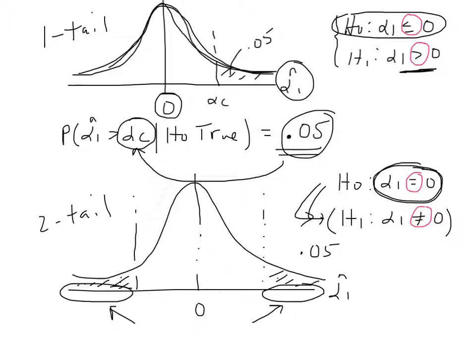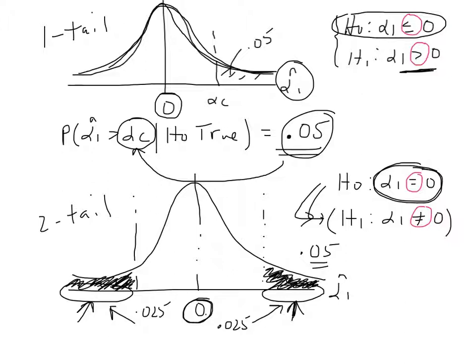So we would add up this area so that it equaled 0.025, and we would add up this area so that it equaled 0.025, and therefore the total probability of rejecting the null, that is getting an alpha 1 hat here or an alpha 1 hat here, given that the null is true, given that we've centered the distribution on this particular number, would be 0.05.